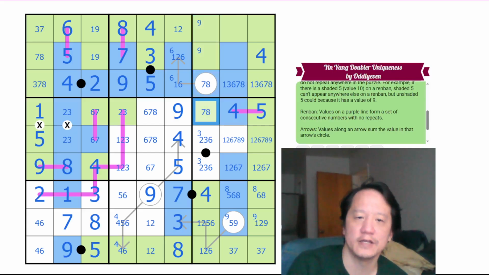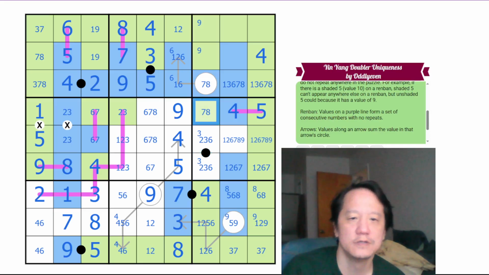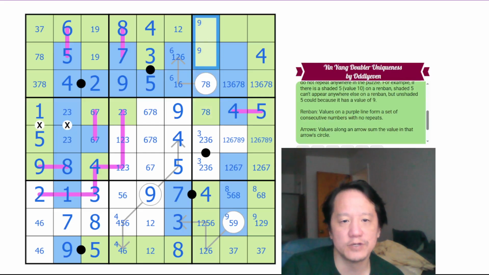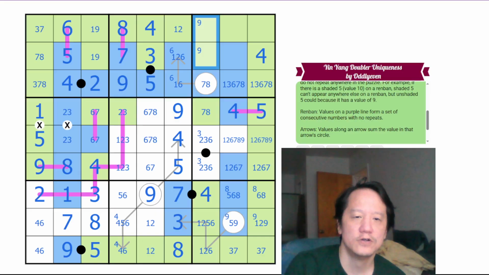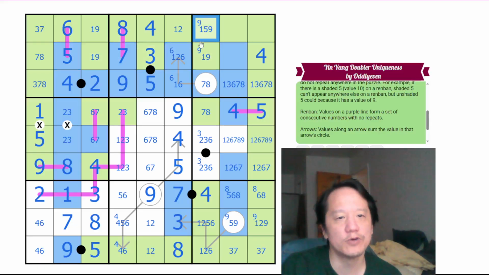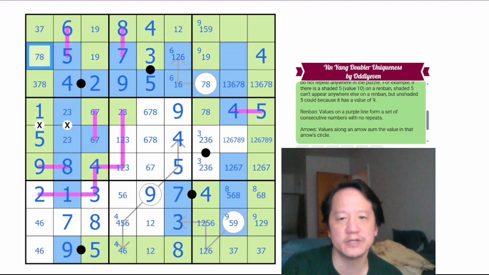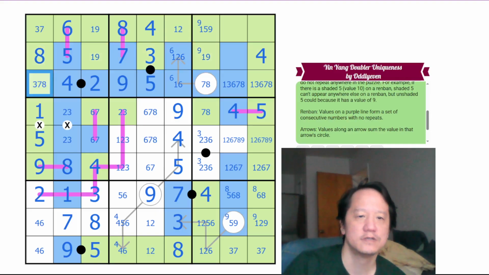It's 7, 8 as a pair because it cannot be 2 or 6. That means the rest of this column cannot have 2, 3, 4, 6, 7, or 8. So it's 1, 5, or 9 here. And 5 can't be here because of the 5 in the column. So we have a 1, 9 pair. Also, 7 eliminates 7 here, so this is 8.